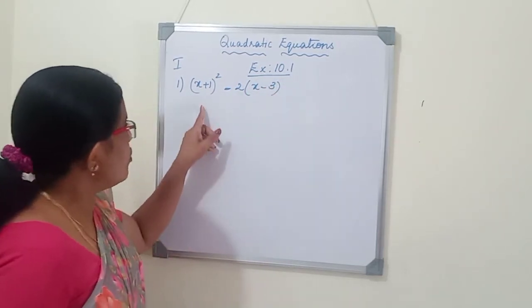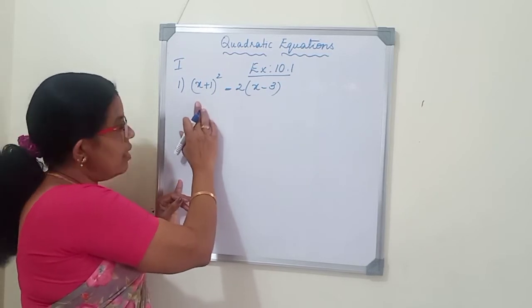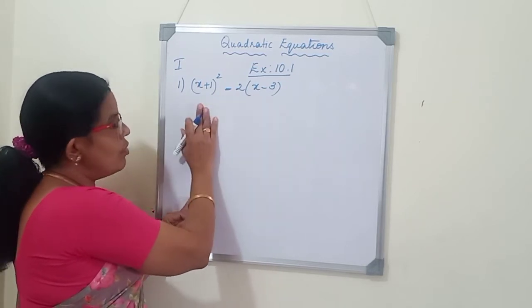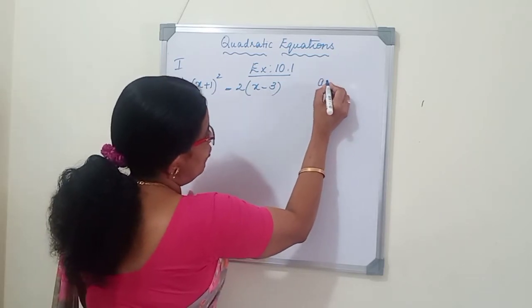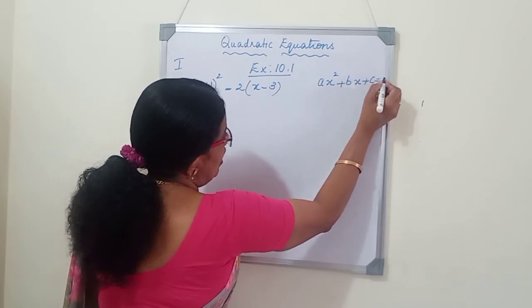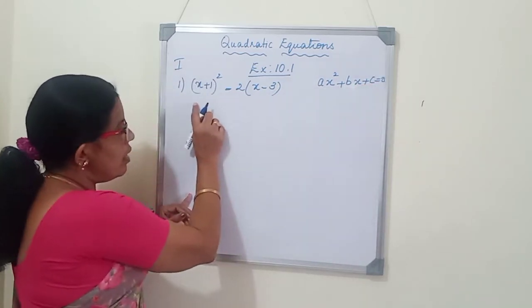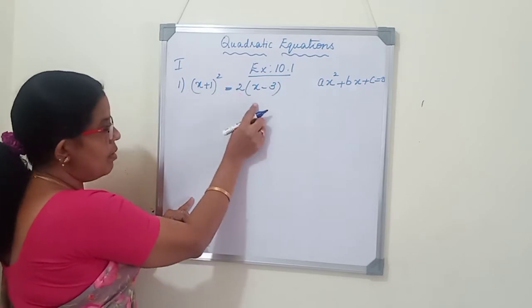So here we have to check whether it is a quadratic equation or not. To check whether it is a quadratic equation or not, we have to write it in the standard form. The standard form or general form of a quadratic equation is ax square plus bx plus c equals 0. So here it is not in the standard form or not in the simplified form. So we have to simplify it.